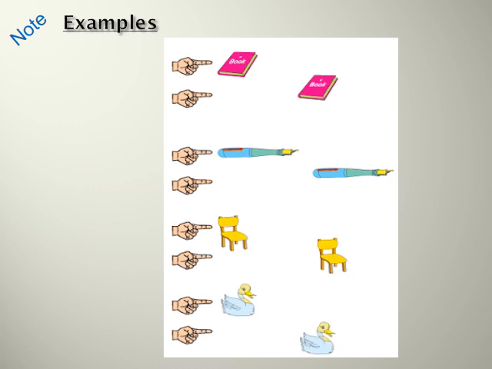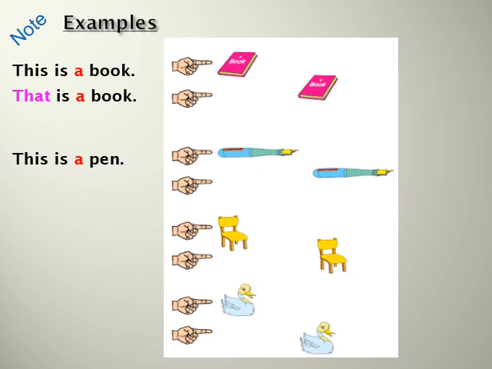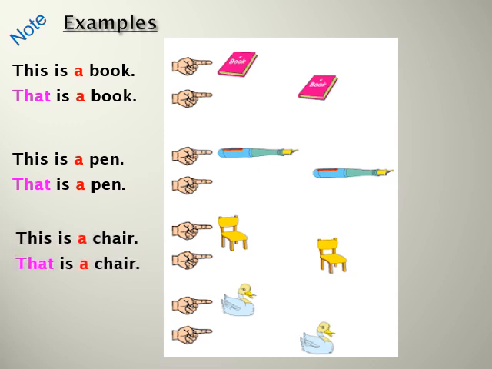This is a book. That is a book. This is a pen. That is a pen. This is a chair. That is a chair. This is a swan. That is a swan.